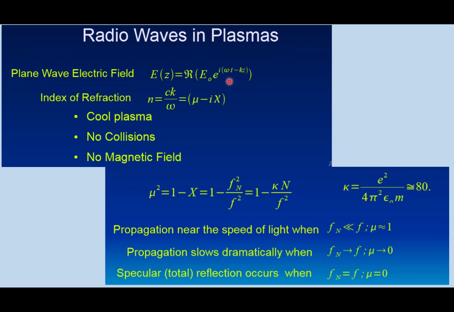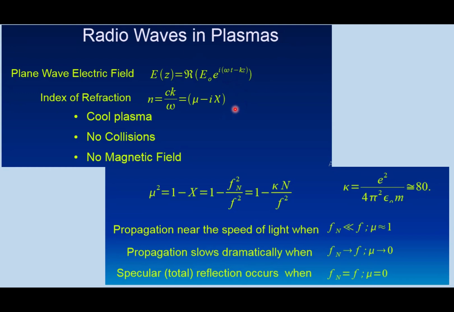The frequency of this variation is decided by omega, and the wavelength of the wave is related to the propagation constant k, such that k is equal to 2 pi upon lambda, the wavelength. Similarly, the angular frequency omega, as all of you know, is related to the linear frequency by the relation omega is equal to 2 pi times the linear frequency f.